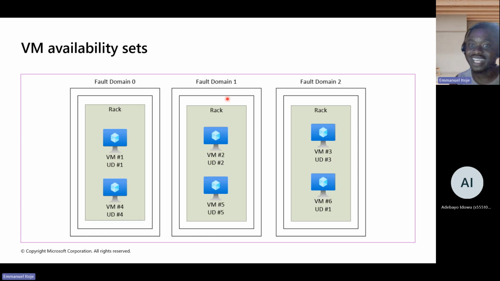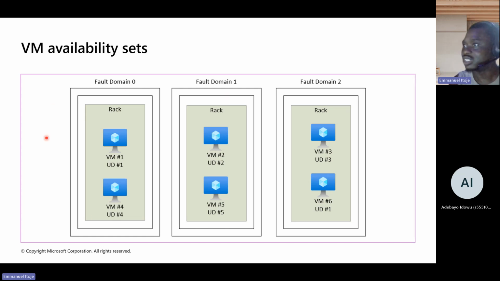And this helps protect against a physical power or networking failure by having VMs in different fault domains. So in essence, they are connected to different power and networking resources. That's what this VM availability set is doing, both update domains and fault domains. So you connect these VMs to different power and networking resources.